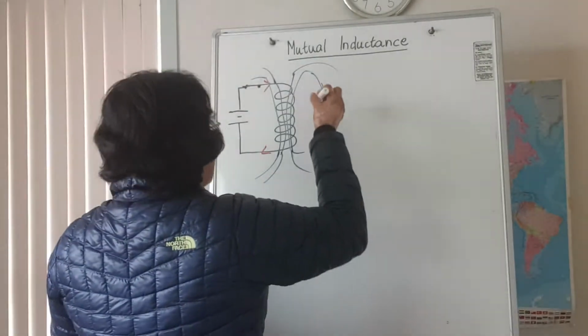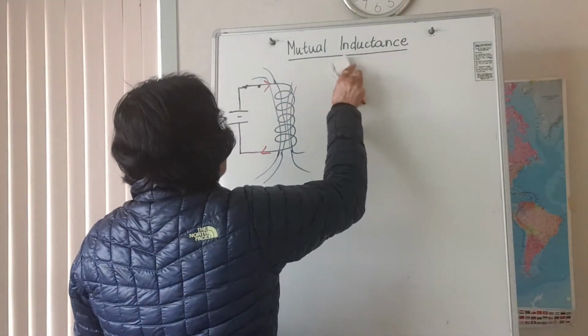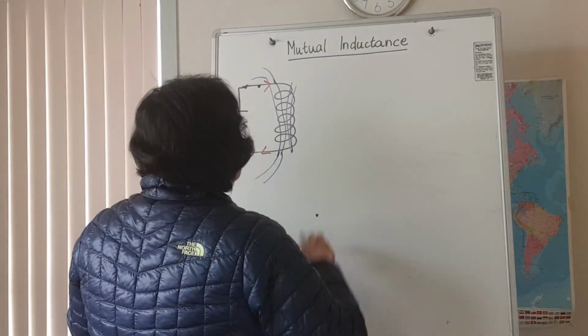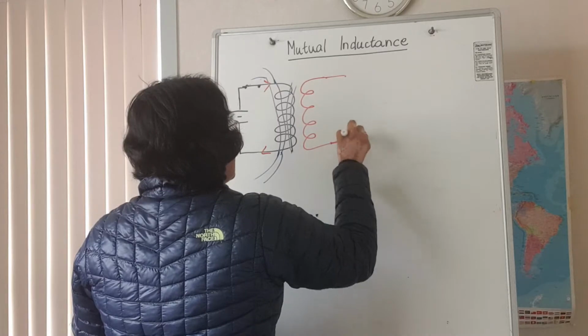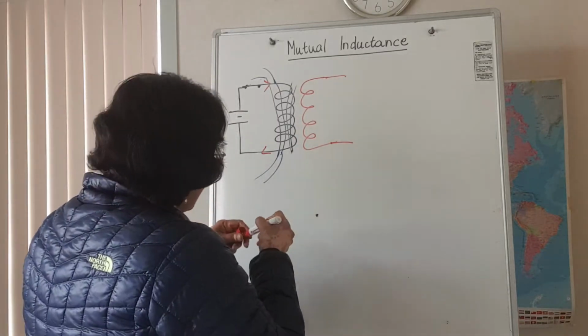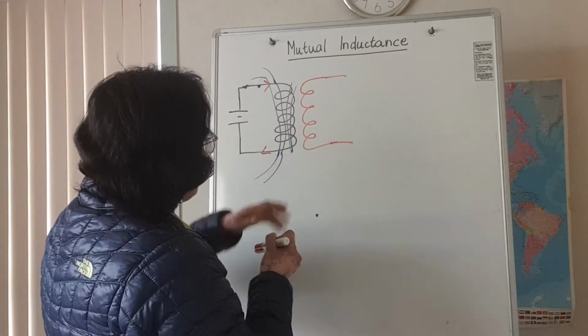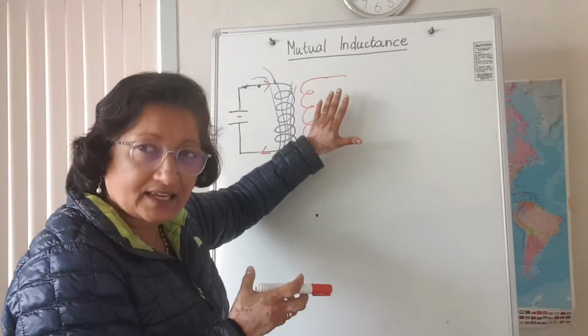I'm going to draw a second coil. I'll just rub out these magnetic field lines. You kind of have to imagine this. So you've got a second coil of wire, and I'll just leave it like that for now. So these lines of flux also pass through the second coil.